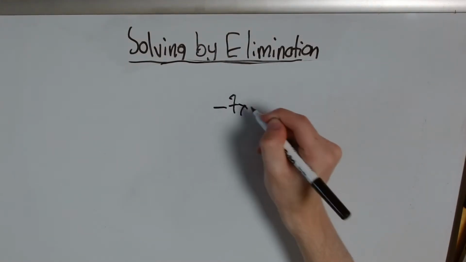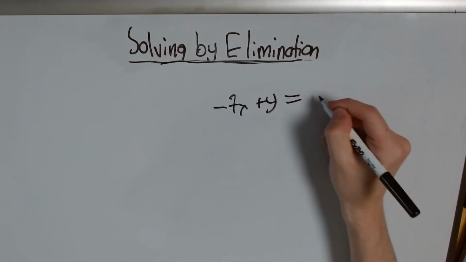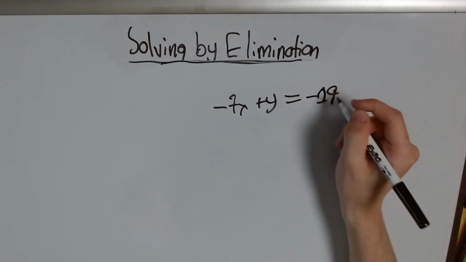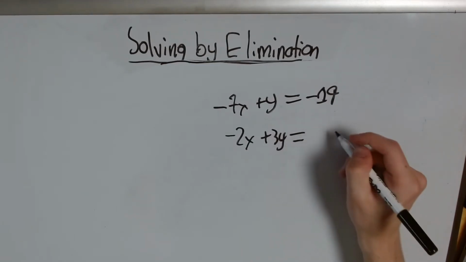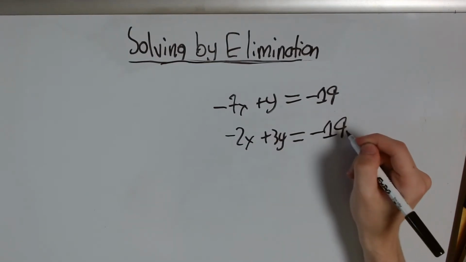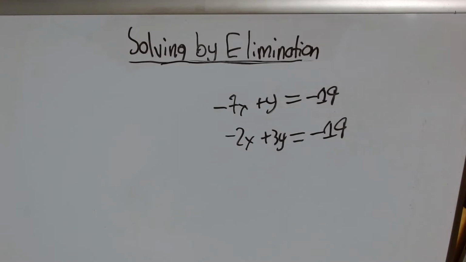Negative 7x plus y equals negative 19. And negative 2x plus 3y equals negative 19.